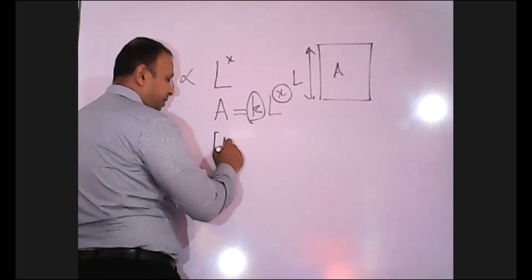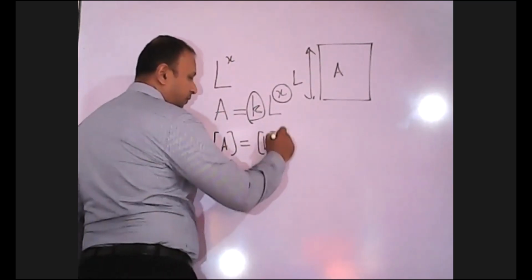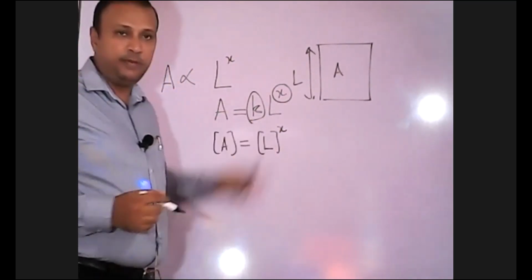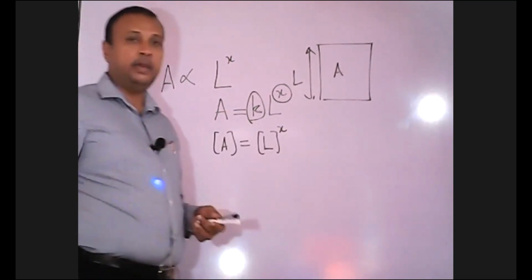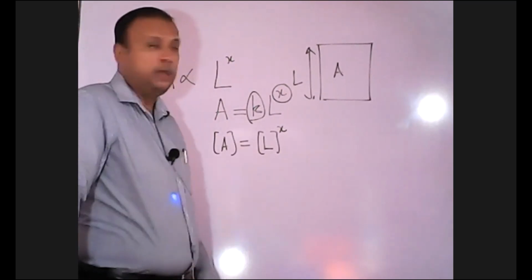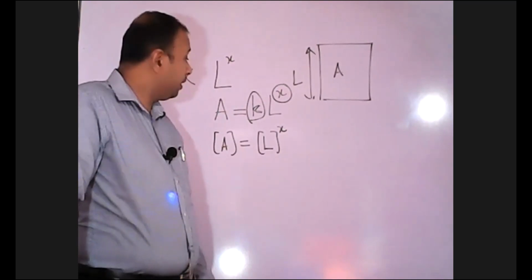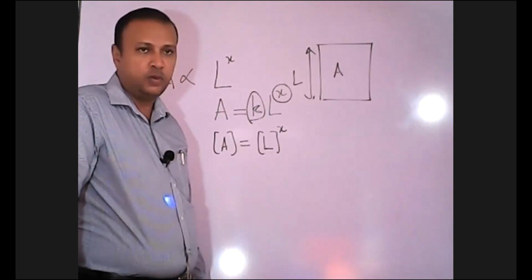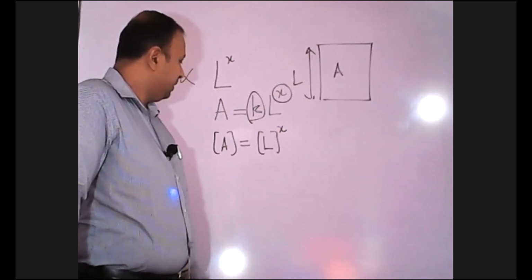So the dimension of A should be equal to the dimension of L to the power x. I don't want to consider K because K is a constant. This constant should be a numerical constant, and the dimension of a numerical constant is 1. So I don't want to consider that.